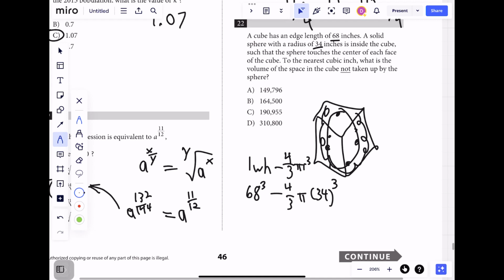I'm going to plug this into my calculator. I plugged it in and it's about 49,000, which is answer A.